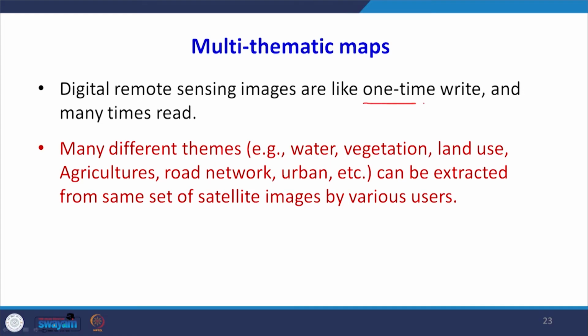Multi-thematic maps. What it shows is that if you have the data, and particularly digital images, there is a very famous proverb about digital images: write one time and read many times. That means the same data you can actually use for multiple data creations.